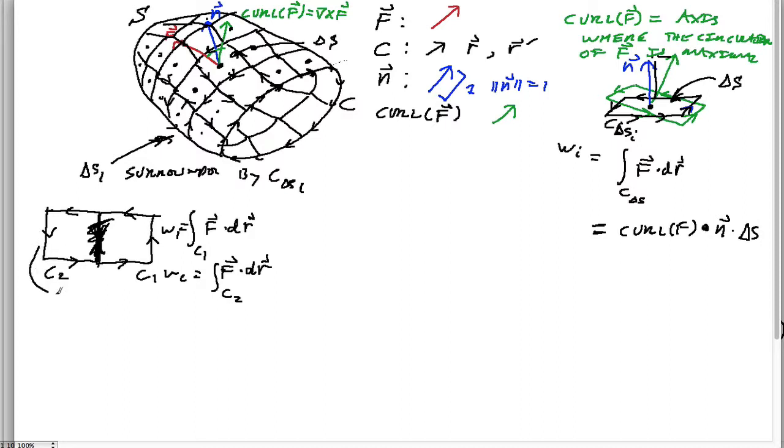We can call the big path C3, and the sum of both of those will equal the integral over C3 of F dot dr. And C3, of course, is equal to the union of C2 and C1, but we have to subtract off what I'll call C shared.